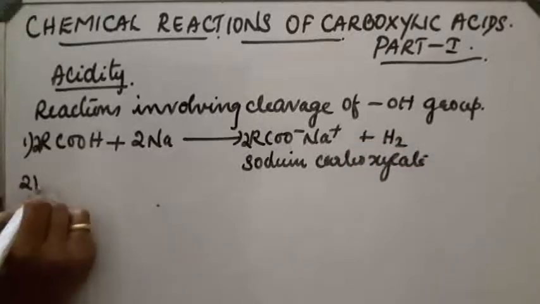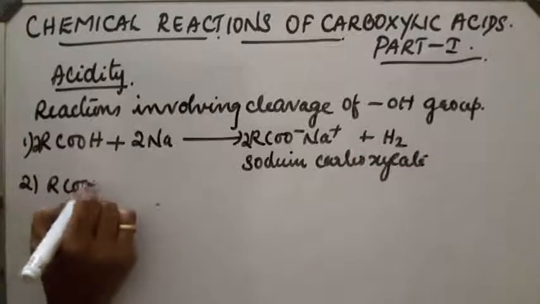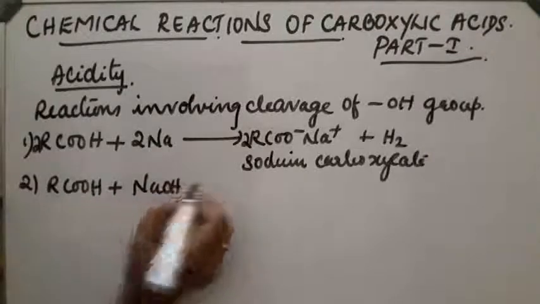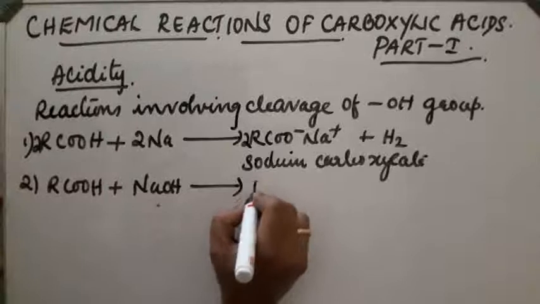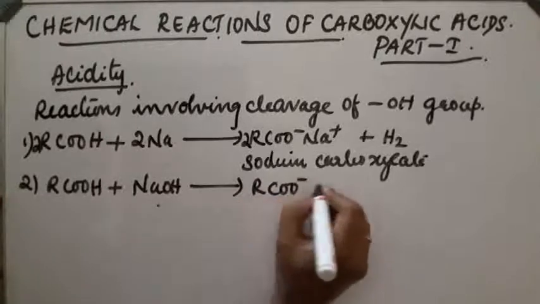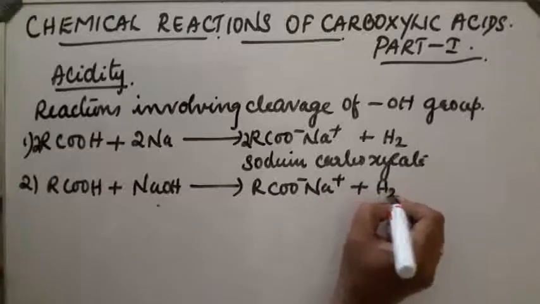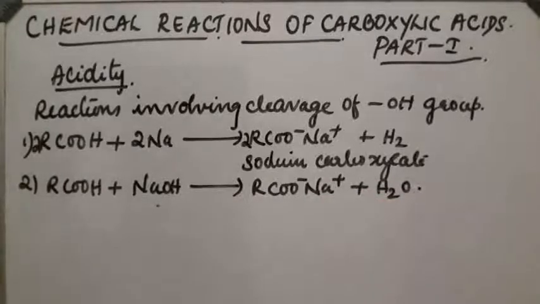Second reaction is reaction with sodium hydroxide. The OH bond will cleave and form the carboxylate ion. Sodium carboxylate will be obtained. This reaction shows that carboxylic acids are acidic in nature. These reactions are similar to phenols. Hence carboxylic acids are acidic.